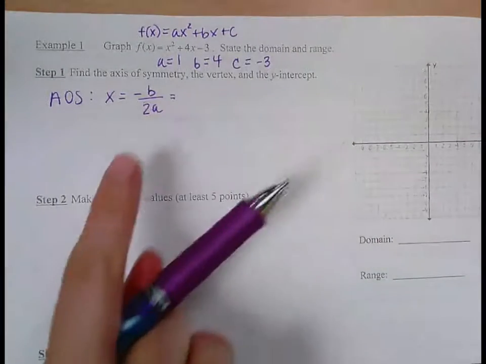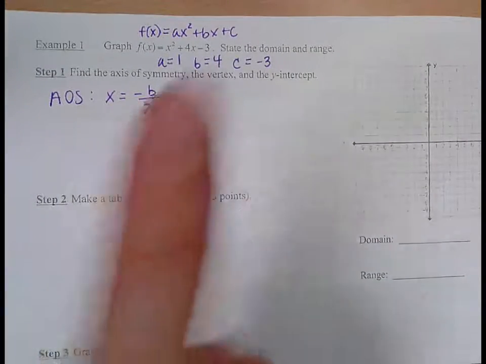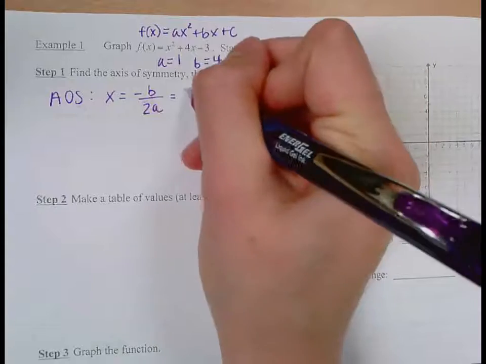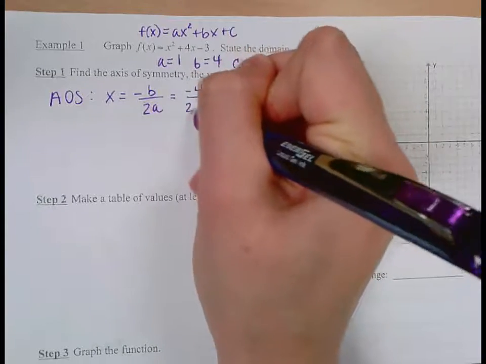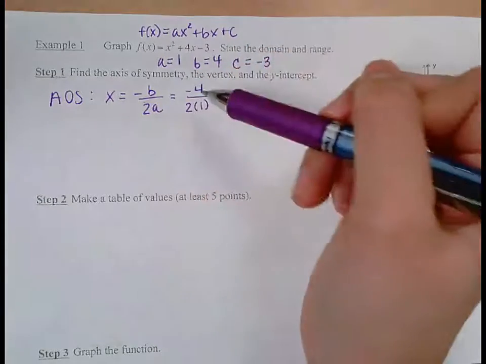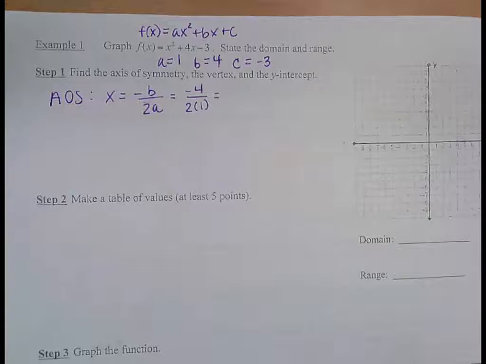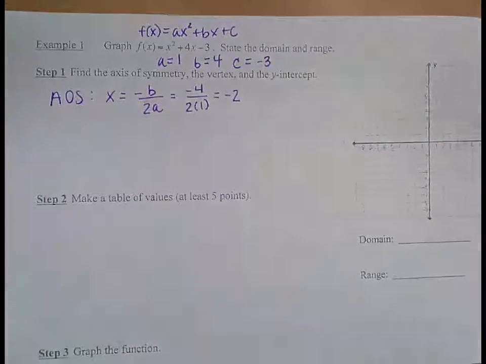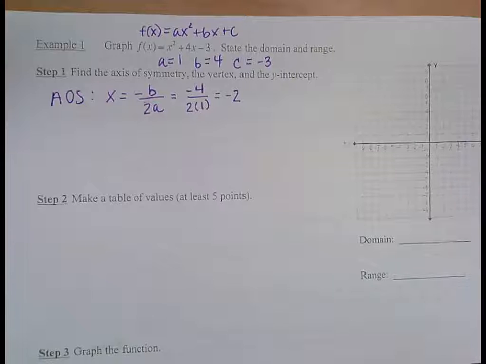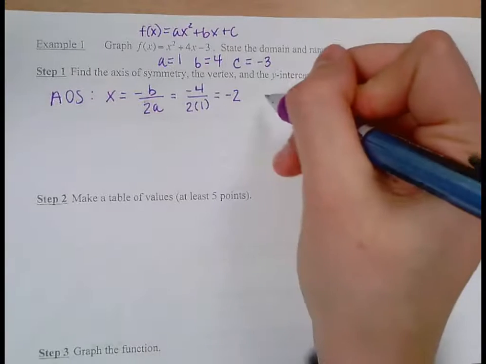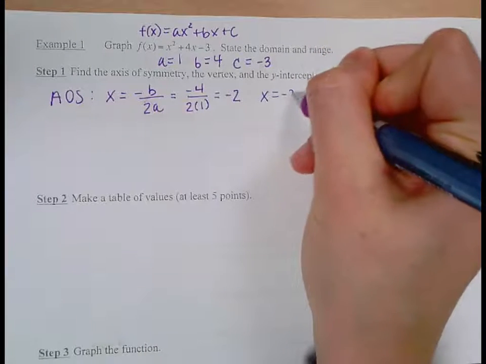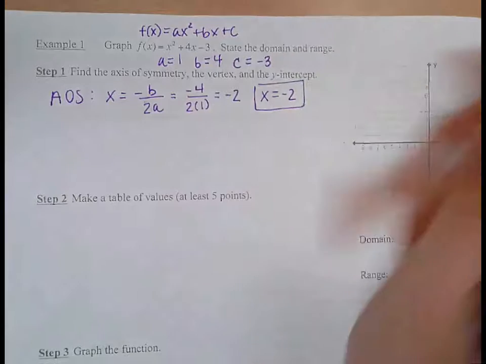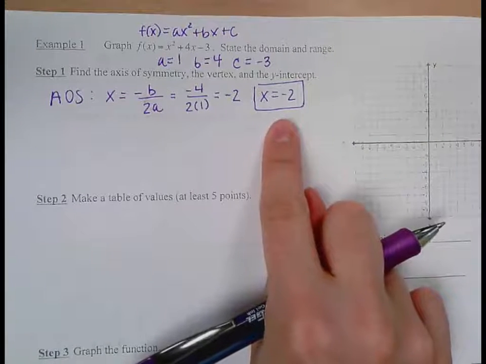Okay, so then in our formula, opposite of b over 2a, we're going to have the opposite of 4, so negative 4 over 2 times 1. So that's negative 4 divided by 2, so that's negative 2. Make sure, if I just ask you for the AOS, or axis of symmetry, it is the equation of a line. So you need to write x equals negative 2.